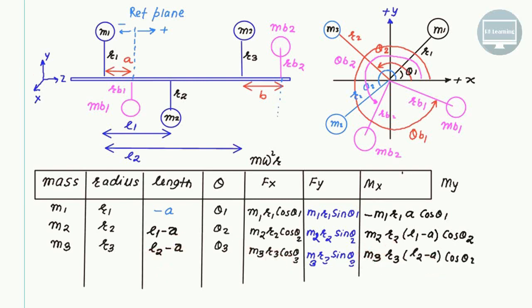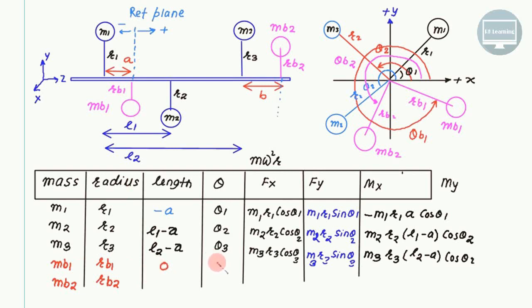Now two more entries are left. One entry is for MB1 and the other entry is for MB2. RB1 and RB2. What is the distance for the RB1 plane? Is it 0? It's 0.